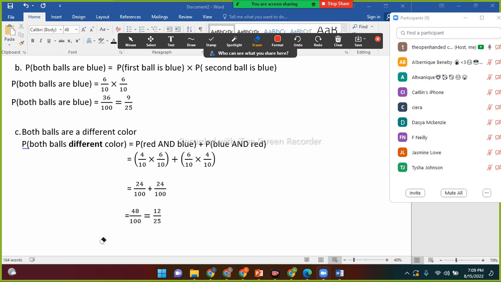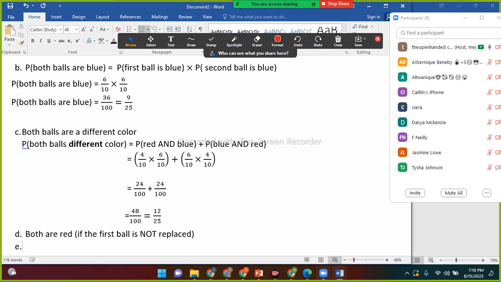Okay, so the last part of this question is, we want the probability that both are red if the first ball is not replaced. Okay, so this one is tricky.